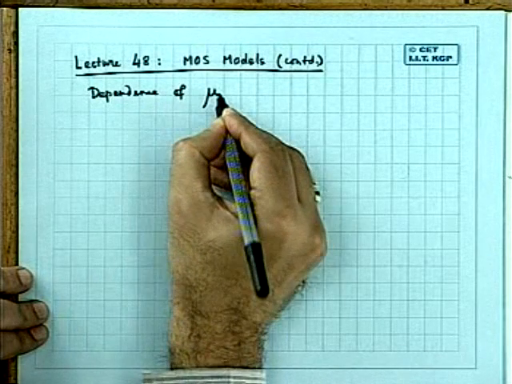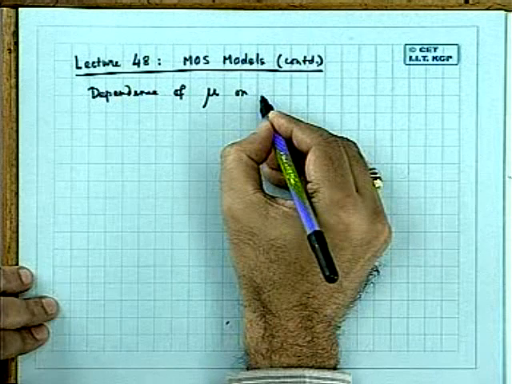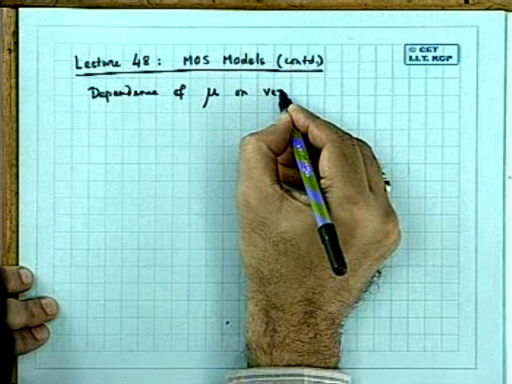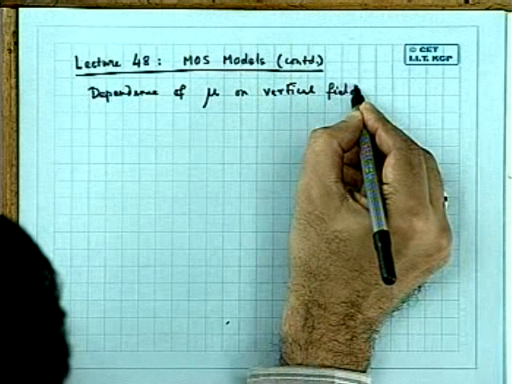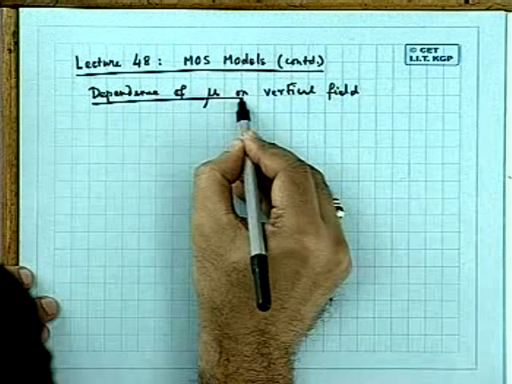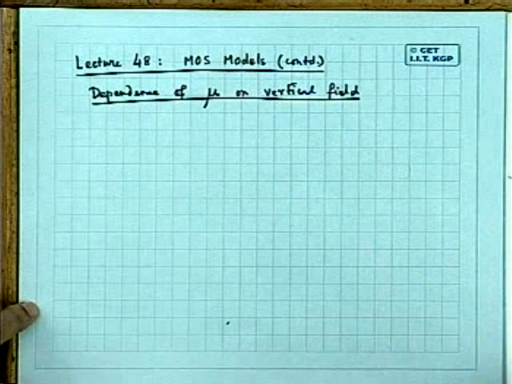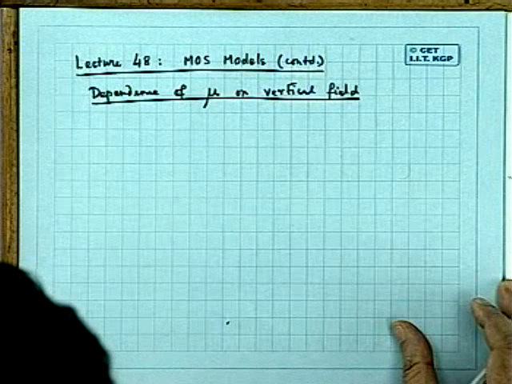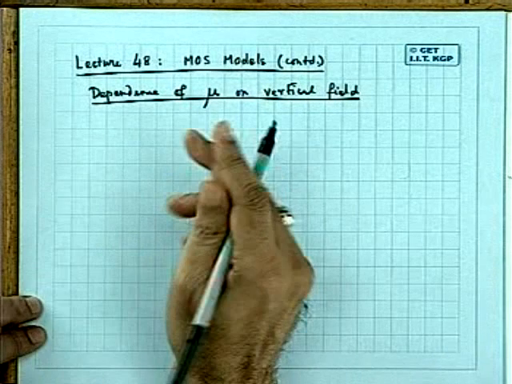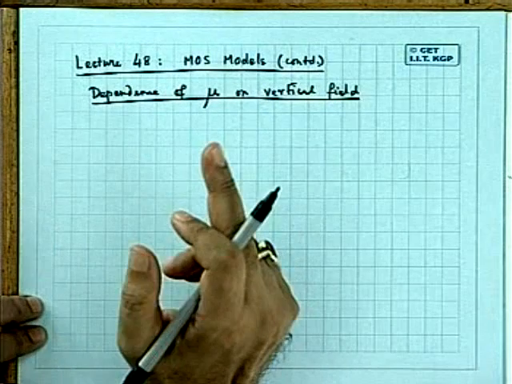The first one is the dependence of mu on vertical field, which I have discussed, you remember, while describing the device physics. Here, because Kp is equal to mu Cox dash, Kp is modified.